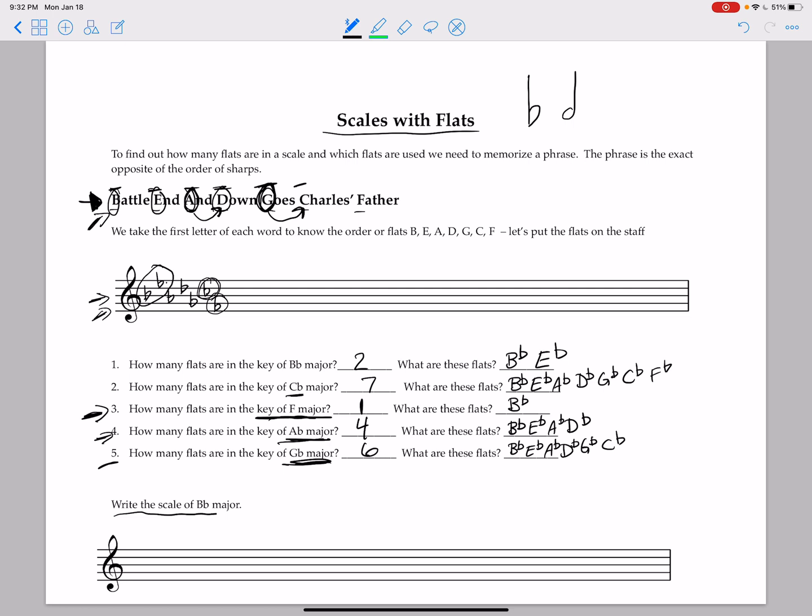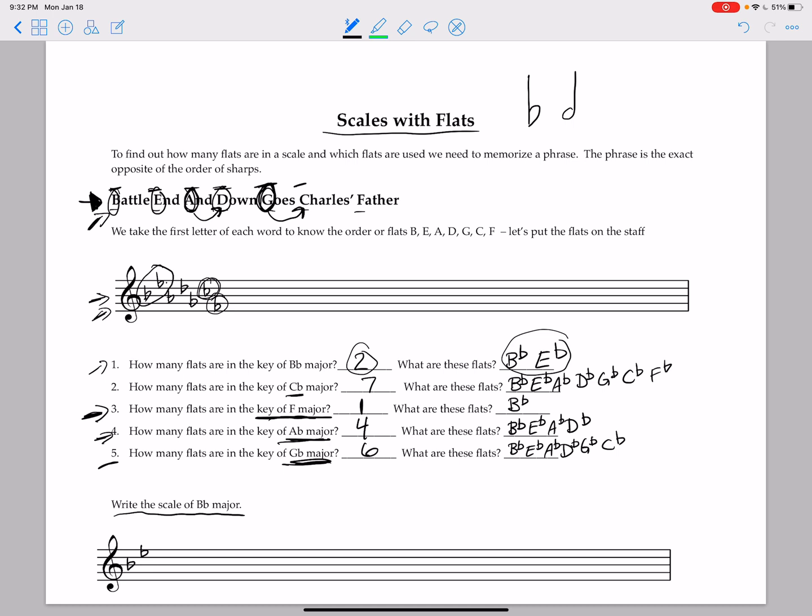So our first scale is the scale of B flat major, which is the same as our first question up here. So we know that there are going to be 2 flats, and they're going to be B flat and E flat. So let's put our flats in first. Here's our B flat, and here's our E flat. And then we write the scale of B flat major, which means we need to start on a B flat and end on a B flat.